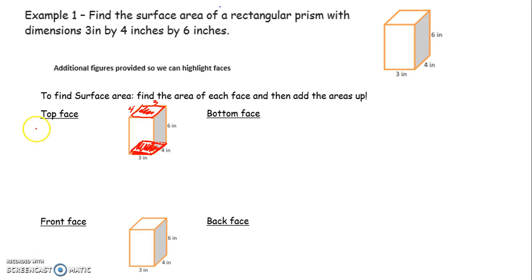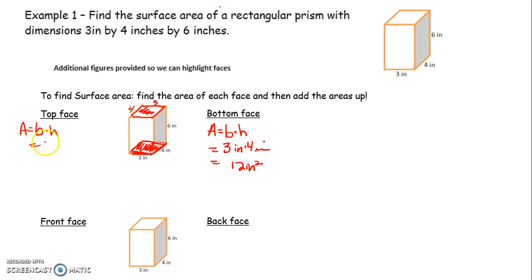So to find the area of our top and bottom face, area of a rectangle is base times height. They're going to match. Opposite faces on a box have to match. And you can see 3 by 4 is our bottom face, 3 inches times 4 inches. If you multiply those together, that's 12 square inches.